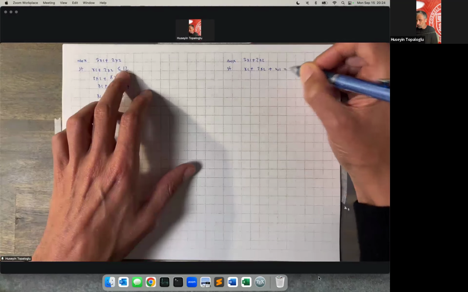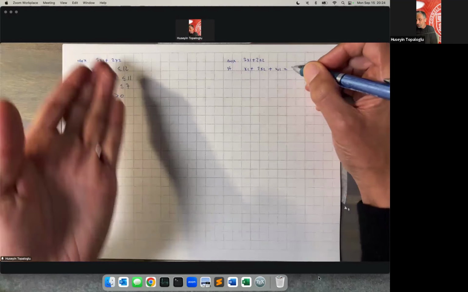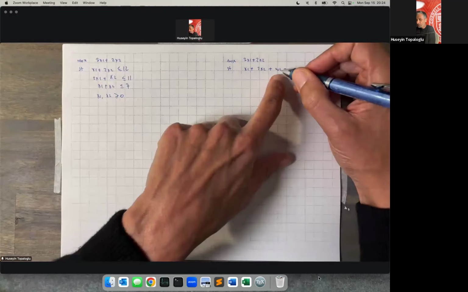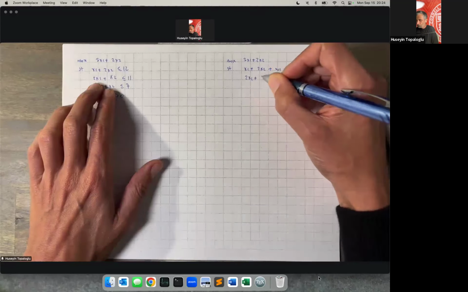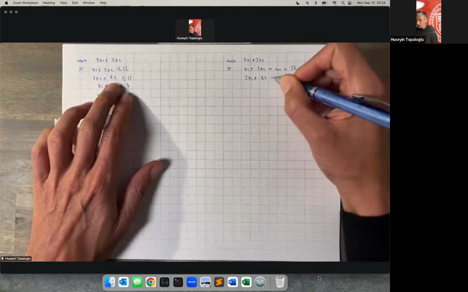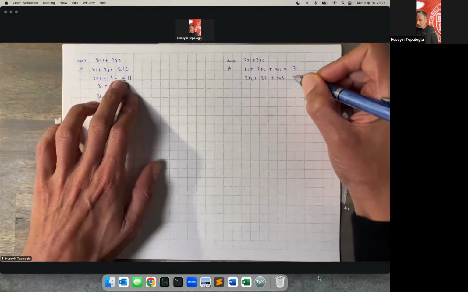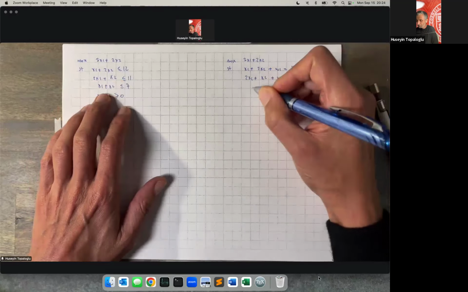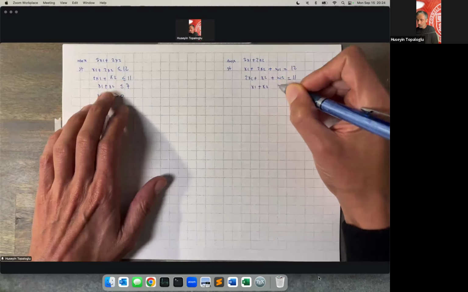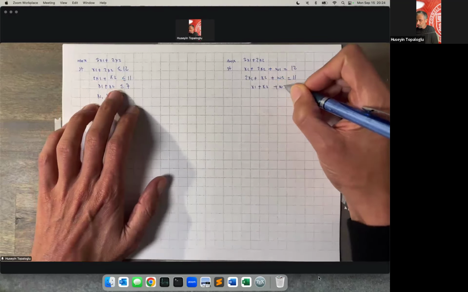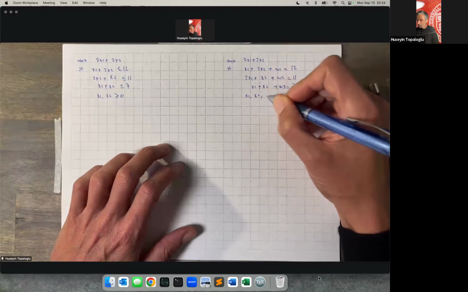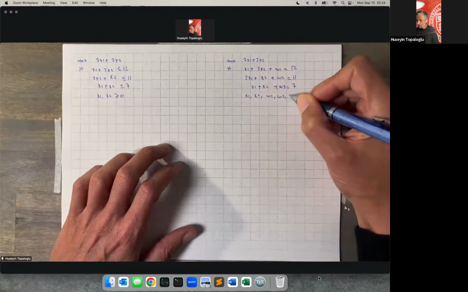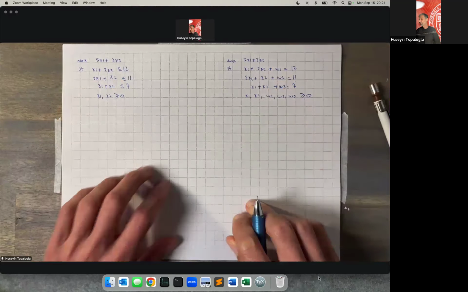Put the slack variable for the first constraint, so stuff the left-hand side of the first constraint with a slack, w1, so that this becomes an equality constraint. Stuff the left-hand side of the second constraint with another slack, and the left-hand side of the third constraint with another slack. And all my decision variables and all my slacks are non-negative.